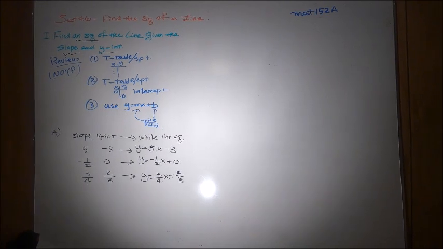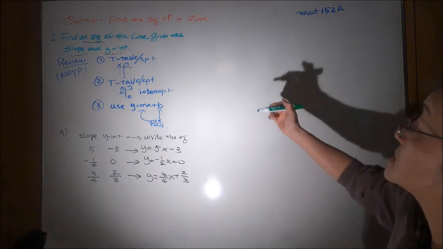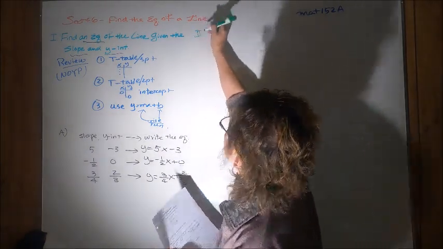So what happened to the other situation if the slope is not given to you and you have other kind of information? Then how are you going to write the equation, okay? So take a look.